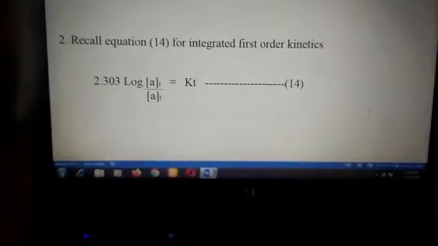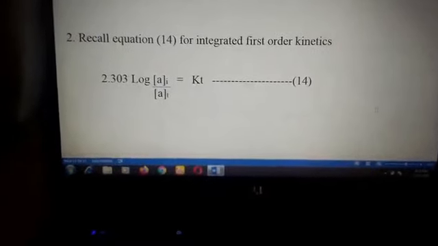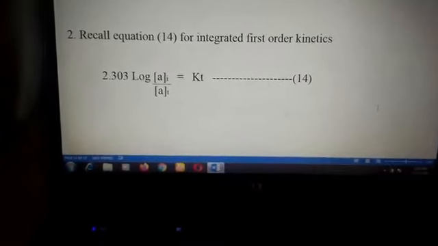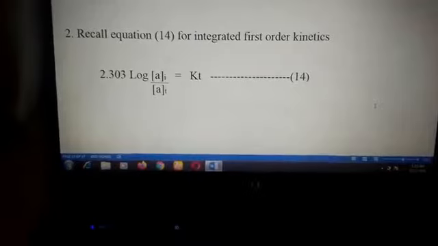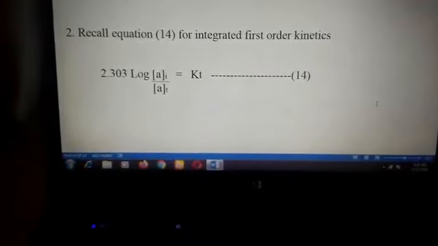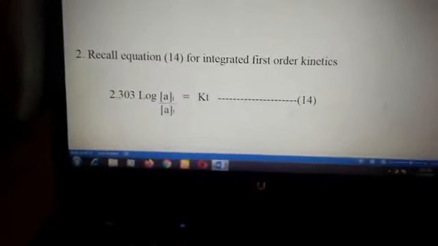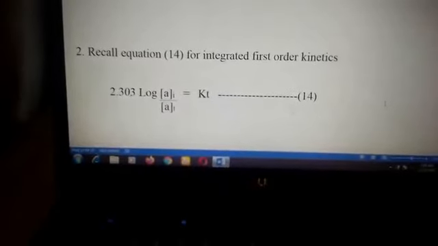Equation 14 has been mentioned before, that is the modified equation. We'll substitute these values: Ai is the initial value, and then At. Let's be sure of it. The initial value Ai is 1.0, while the concentration after some time t is 0.2.